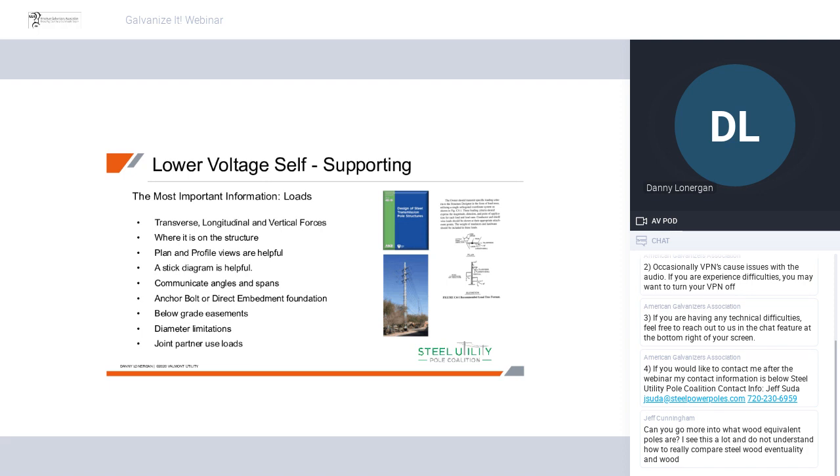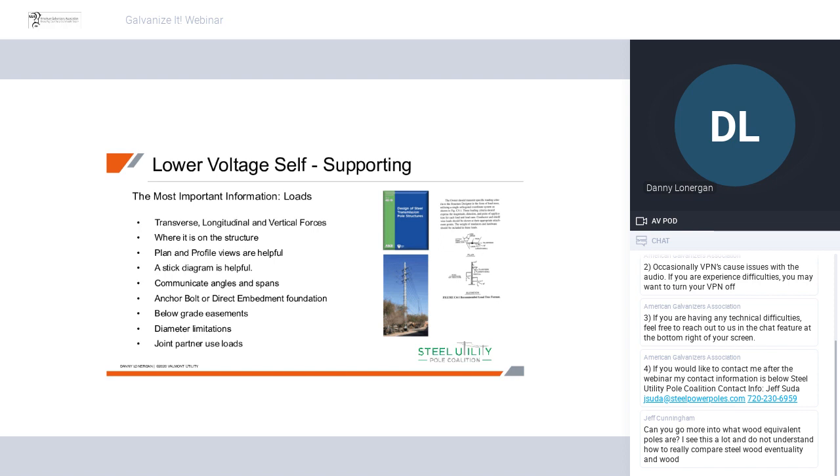So you evolve back into a custom design structure. We go back to the beginning of the presentation. You're most often right back into the space of designing a structure to an application. Depending on all the associated load trees, spans, angles, etc., often a higher class pole can satisfy the requirement, and we see that in true low voltage.